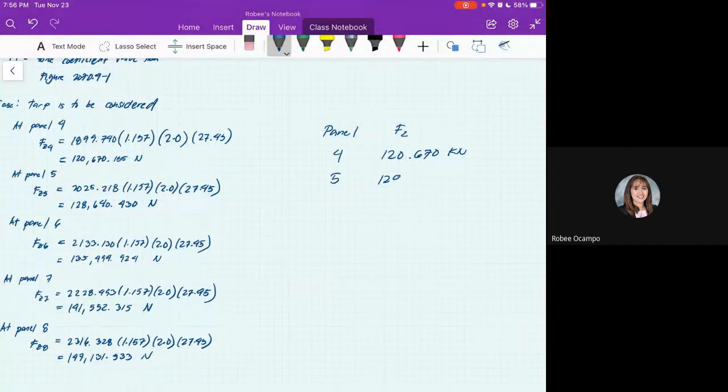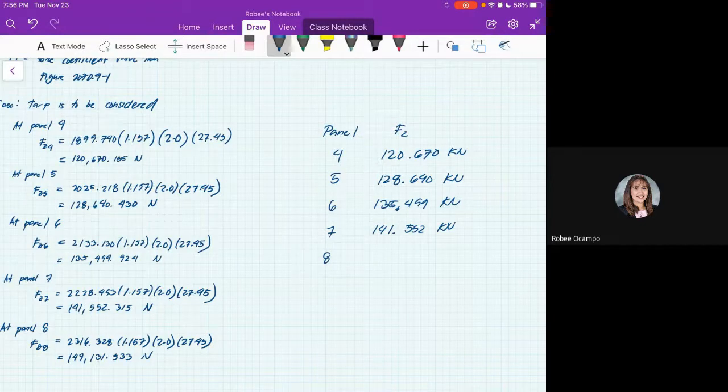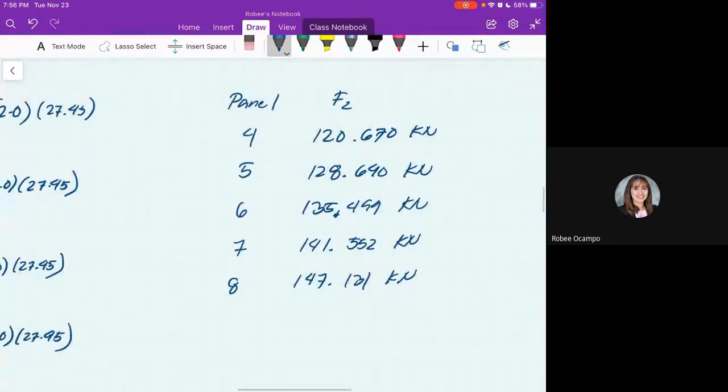For panel 6, 135.494 kilonewton. For panel 7, 141.552 kilonewton. And lastly, for panel 8, 147.131 kilonewton. So these are our design forces for every panel.